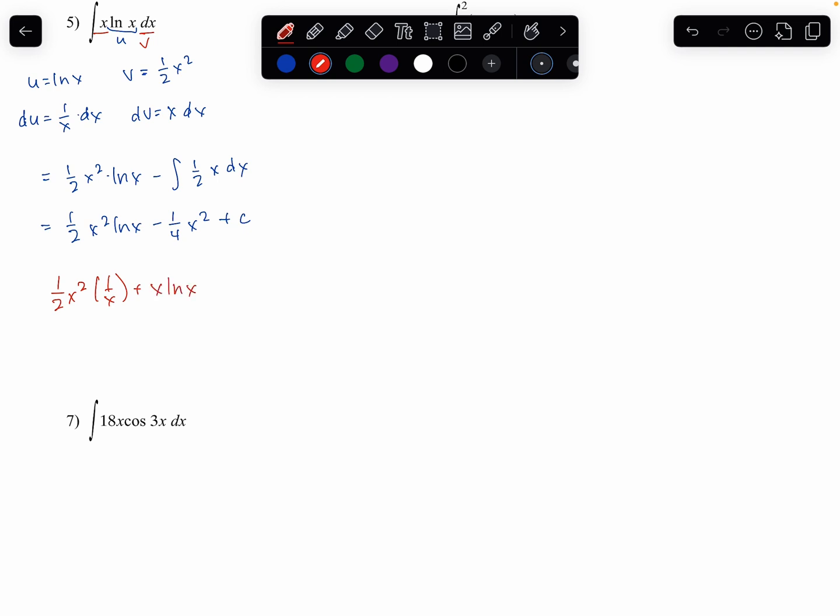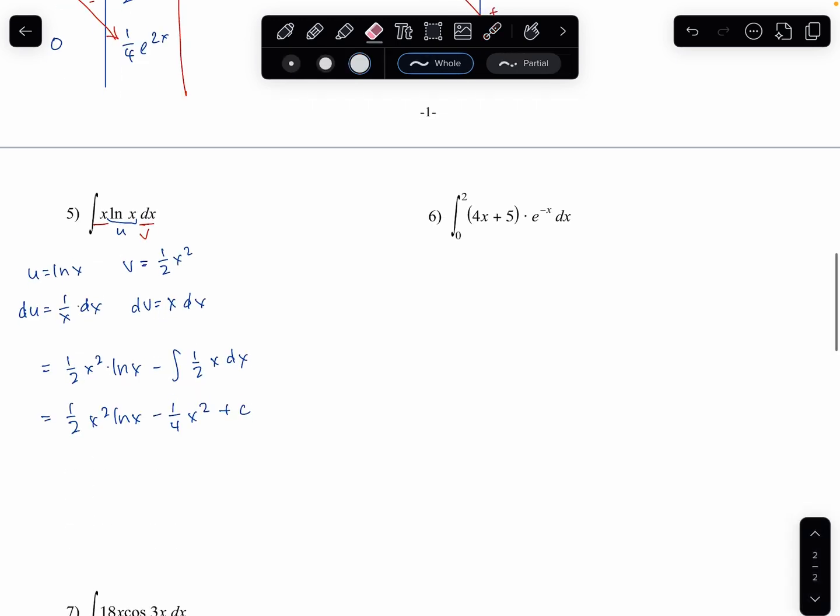And then the derivative of that is going to be 2/4 x, which is 1/2 x, right? So minus 1/2 x. And so here, I'm going to get 1/2 x plus x natural log of x minus 1/2 x. And those are going to cancel, leaving me with what I had from above. So we're good.